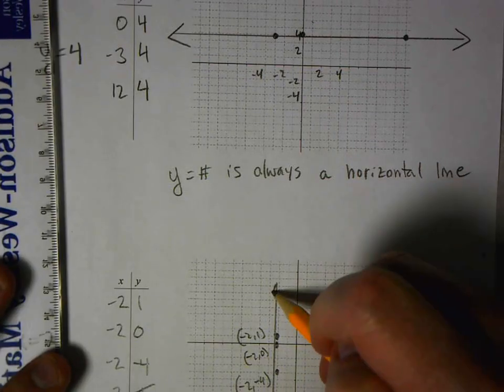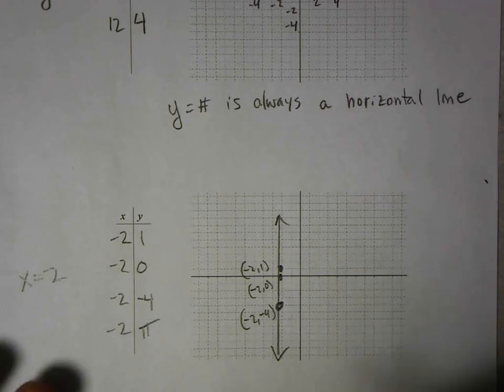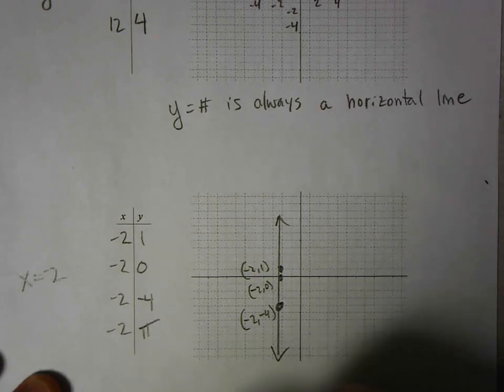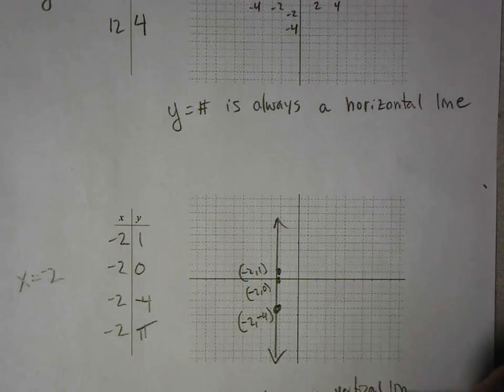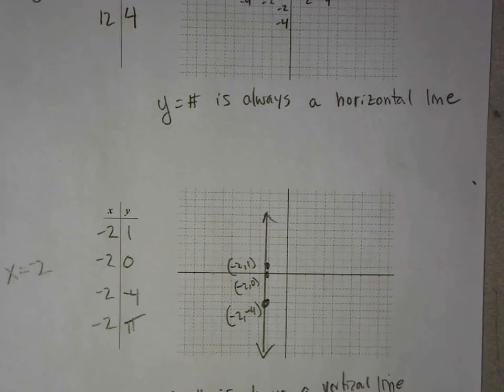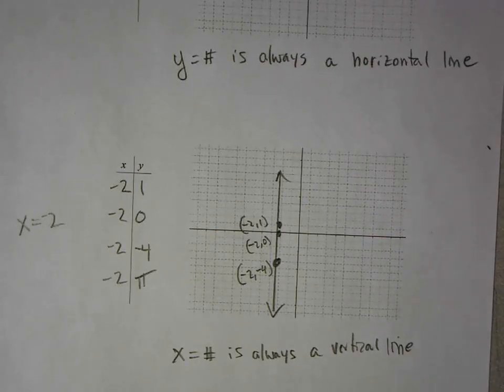Oh boy, I kind of missed my dots there. Oh well, I wasn't very good with my ruler. Again, y equals a number is always going to give you a horizontal line, and x equals a number will always give you a vertical line.